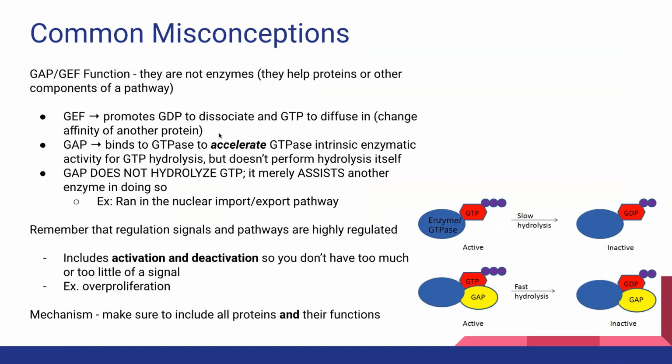In that case, we have the GPCR acting as a GIF, because when a signal binds to that receptor, it causes GDP to dissociate from the alpha subunit, and we get GTP binding to the alpha subunit and activating it. Does that help? Are you confused? Do you have a question? No. Okay.